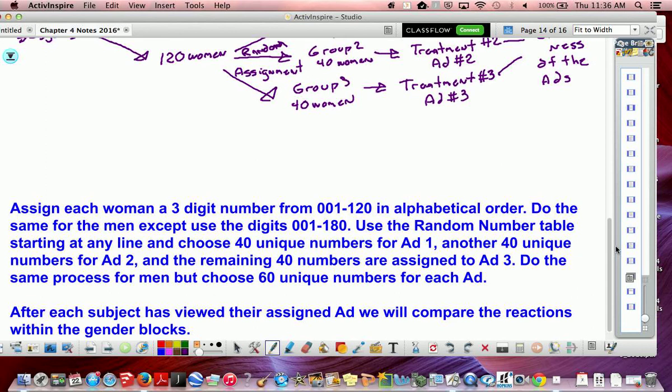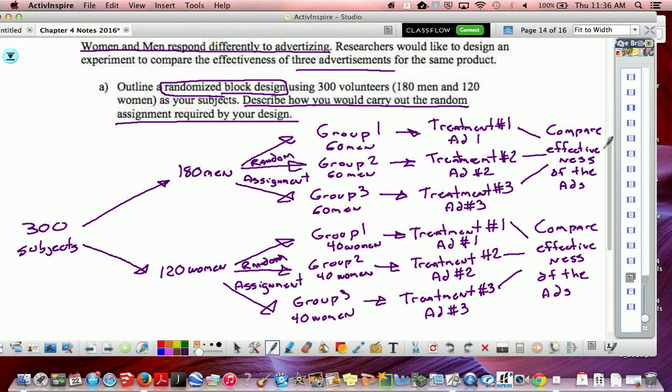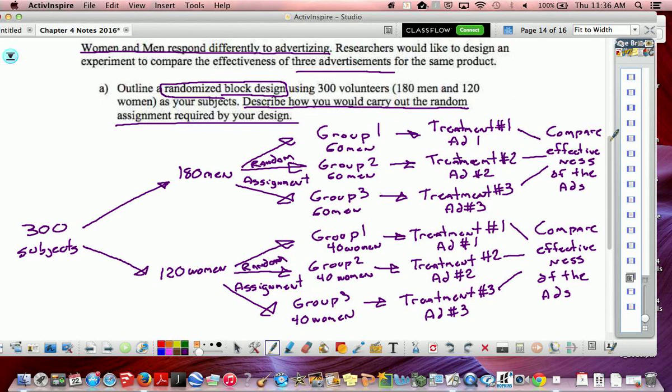You don't actually have to do that, but it just asks you up here. It just says describe how you would carry it out. You don't have to carry it out unless I said so specifically.